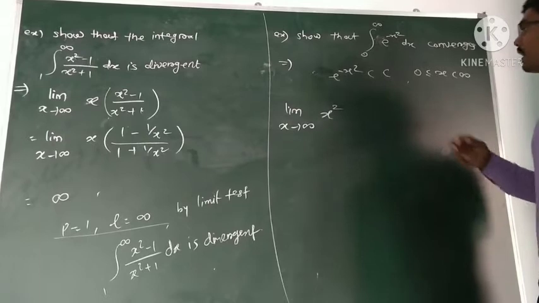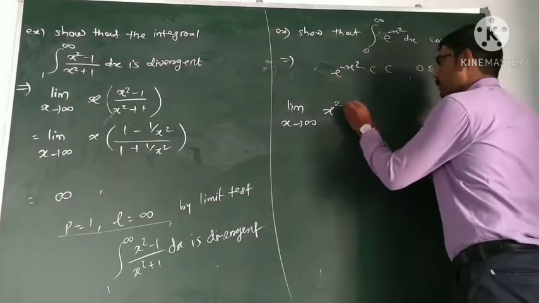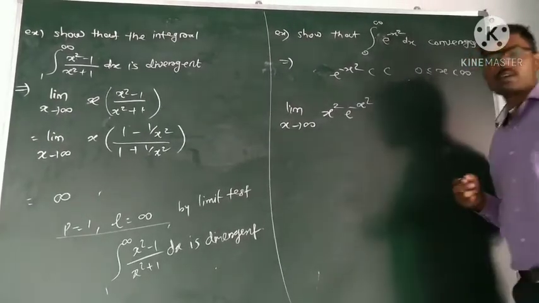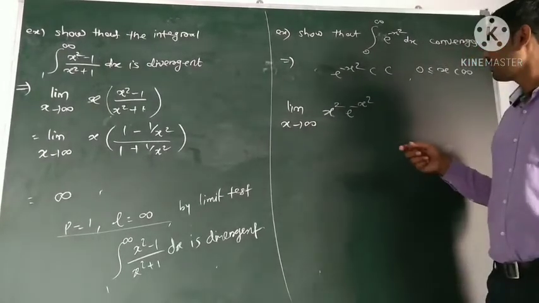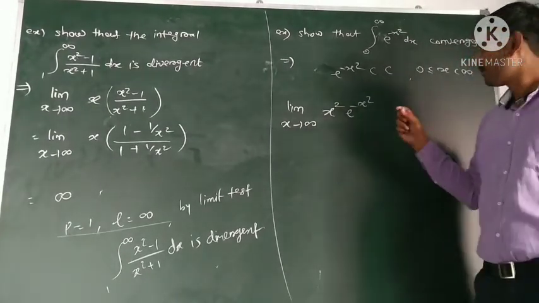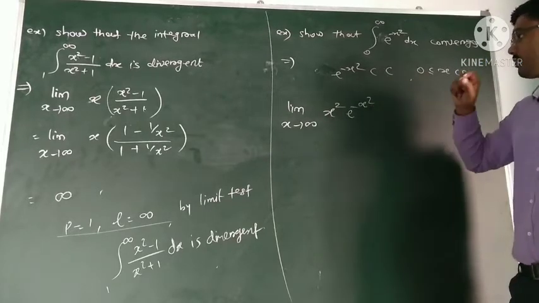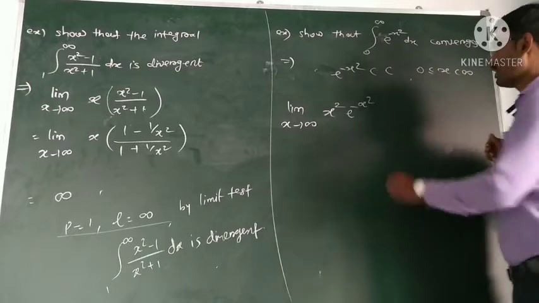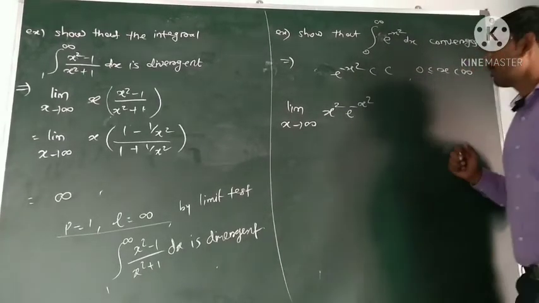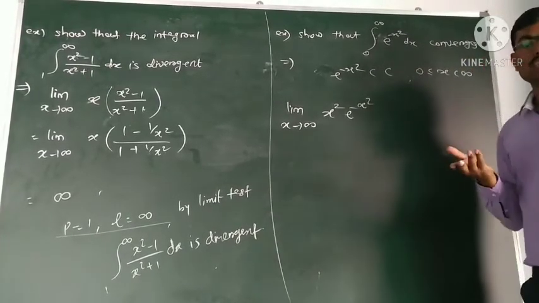So the limit as x tends to infinity of x square into f of x. What is f of x? It is e raised to power minus x square. Now we will change the variable. Instead of x, we will write t. Put x square equal to t.